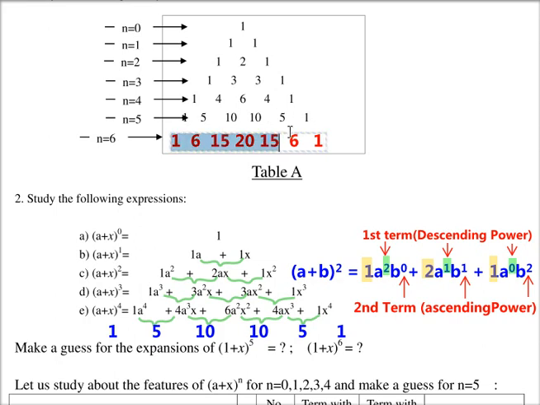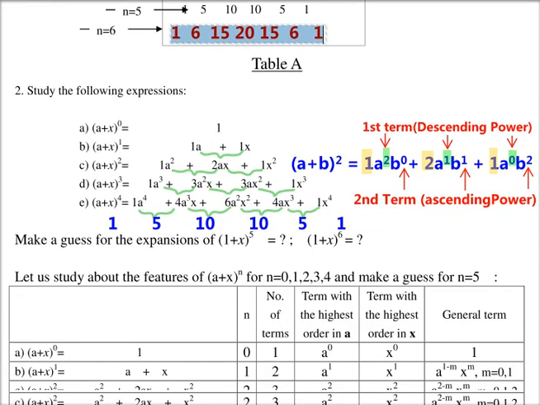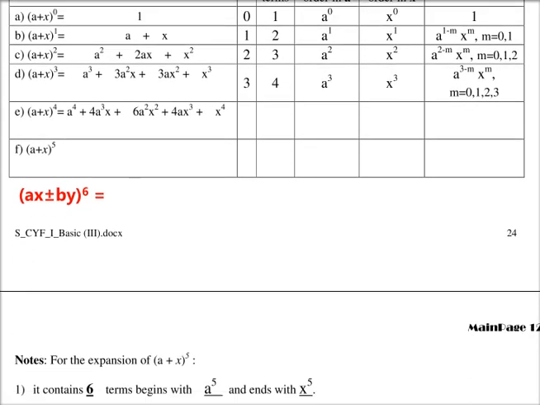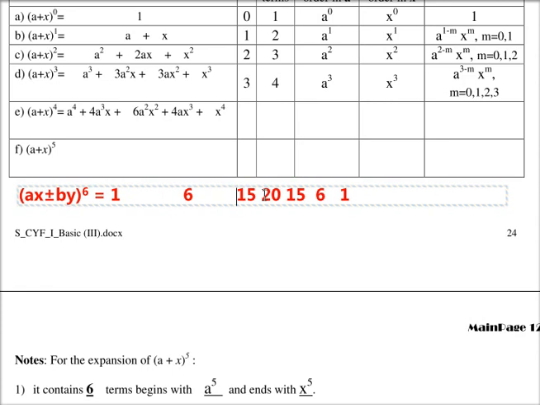What can we do next? Put all the coefficients over here, with all the terms separated a little bit. Then for the first one, you multiply the first term in ascending order or descending order?